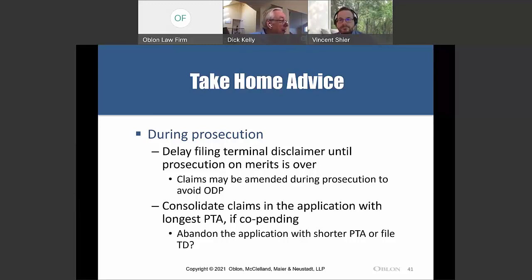And that might very well have set up a double patenting situation, which would have been a messy one for the court to deal with, where it was easier to talk about the PTA being a statutory extension, which should trump the judge-made ODP. So when you're told to file a continuation, make sure that it is truly a continuation and not in response to a restriction requirement.